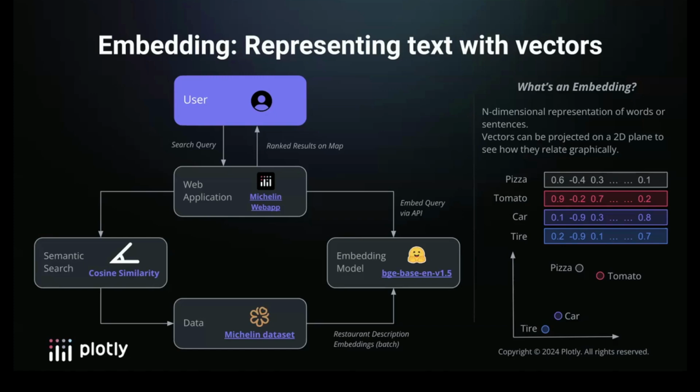Then within the app there is a callback, which uses a function to call the Hugging Face API to embed the user query, and then compare it with the restaurant vectors and see which ones are close enough to match. So that's how it works.